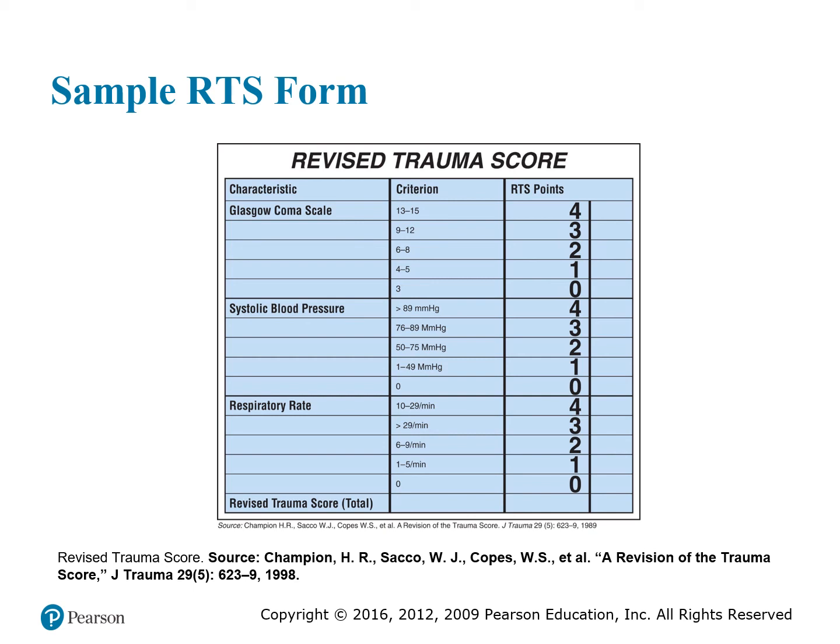So be aware of what this is and how it is scored, and realize that you may be asked for this. When you find your region's protocols, look through them for the revised trauma score sheet, or find this and save it on your phone.